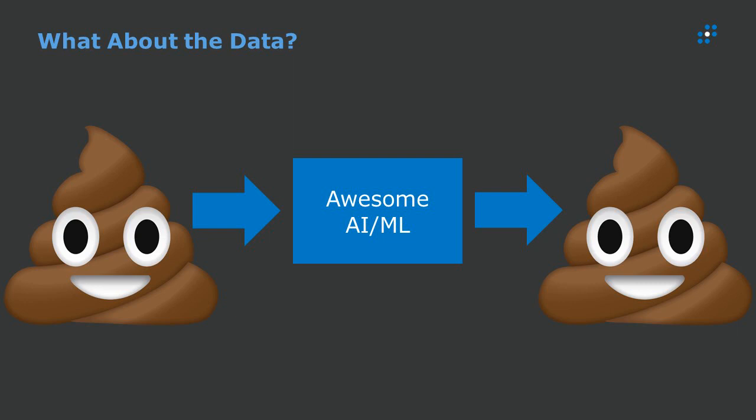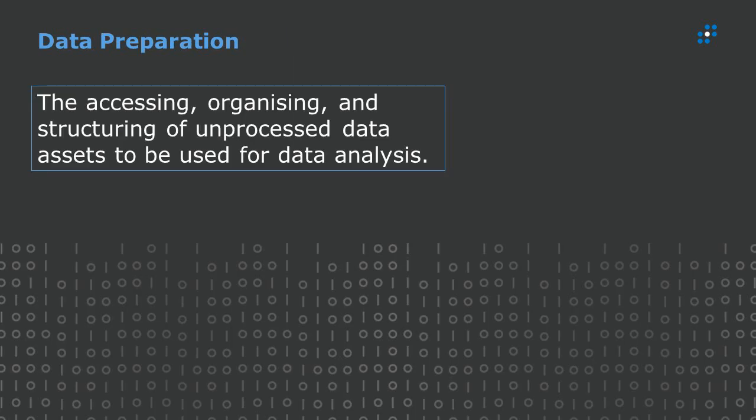And when we look at data science in general, a good part of data science is really the data preparation before we get to the algorithmic and statistical piece. This is about accessing, organizing, and structuring the data assets that are going to eventually be used for our data analysis.